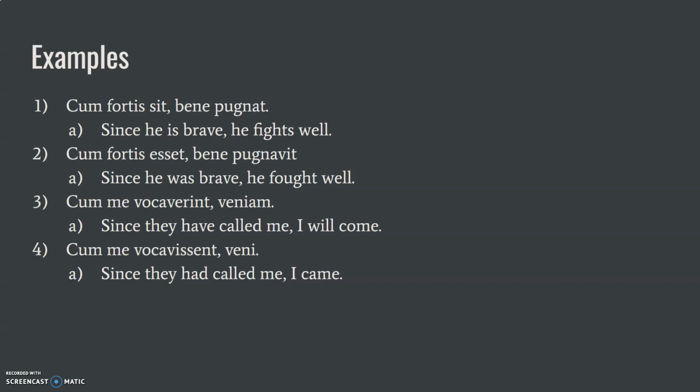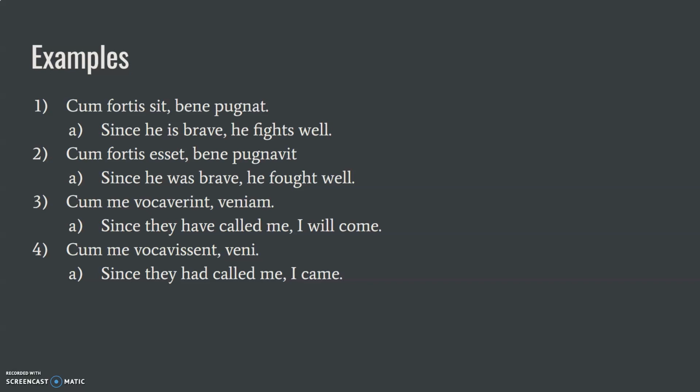Sentence number 3. Cum me vocaverint veniam. So we'll stop. 2 clauses again. Our main clause, veniam, I will come, puts us in the present primary sequence. So we're in the primary sequence. We have to go into our cum clause now. We have vocaverint, and we have to say, okay, what tense is that? Erim, eris, erit, erimus, eritis, erint added to the third principal part is going to be a perfect active subjunctive.